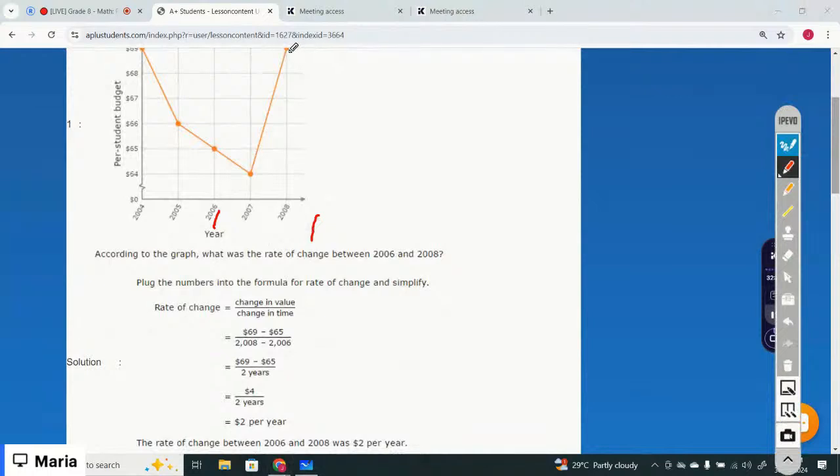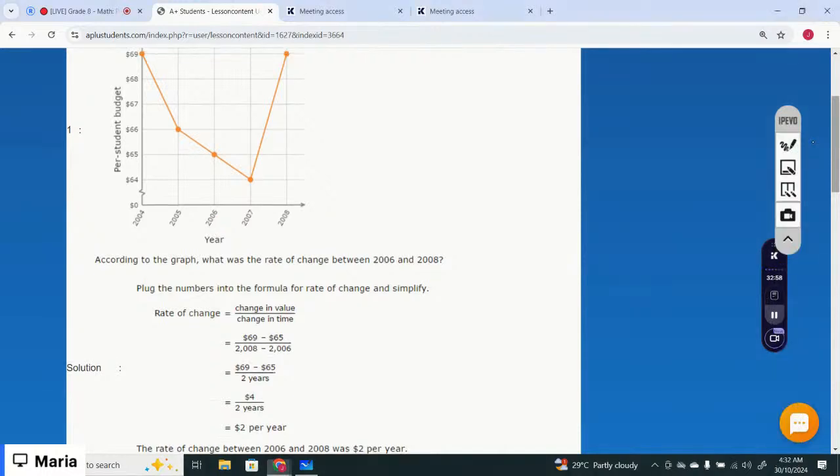In 2008, that is 69, and 2006, that is 65. And the difference between 2006 and 2008 is 2 years, right? So calculate the change in value divided by change in time. That is $2 per year.